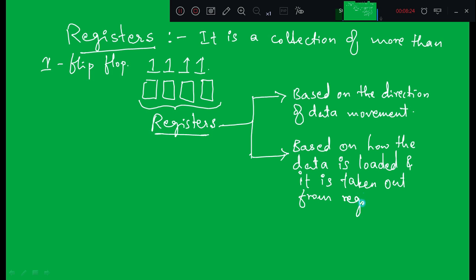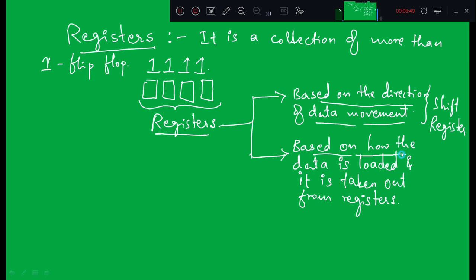These are the two categories of a register. The first, based on the direction of data movement, we call shift registers. Here we shift the data either in the right direction or the left direction, right?